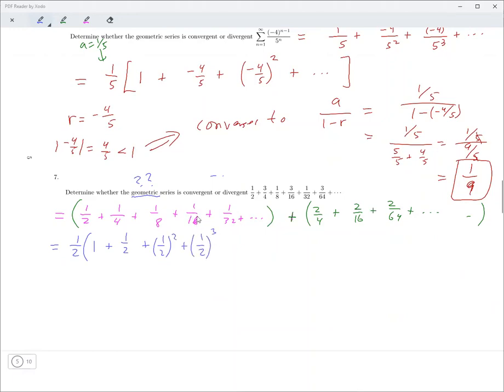This is really 1/2 to the 4th, but we're factoring one of those halves out. And for this one, A is a half, and R is also a half. So it's going to be A, which is a half, times 1 over 1 minus a half.